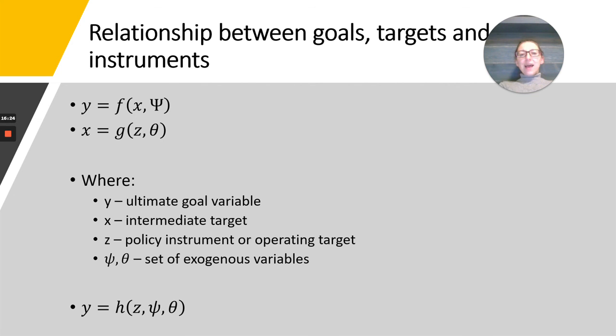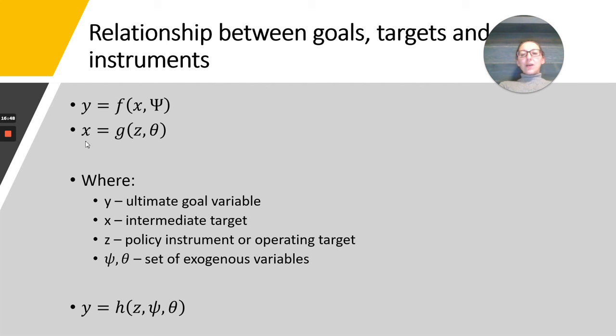Everything I said we can put in functions, which would say that the ultimate goal variable, for example inflation, depends on intermediate targets, like the interest rate in the economy, and all the other exogenous variables.